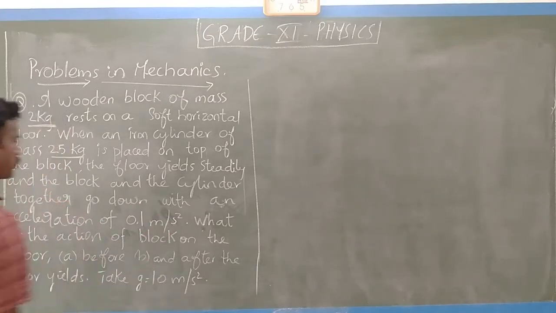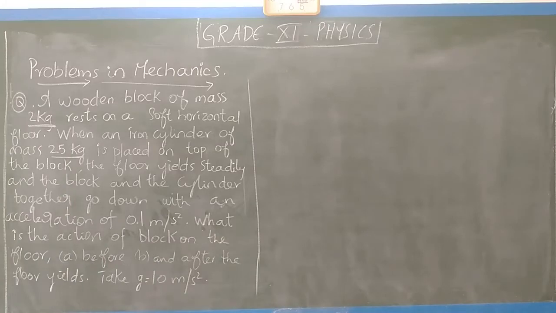So what is the action of block on the floor? Our main aim is to find the action of the block on the floor before and after the floor yields.